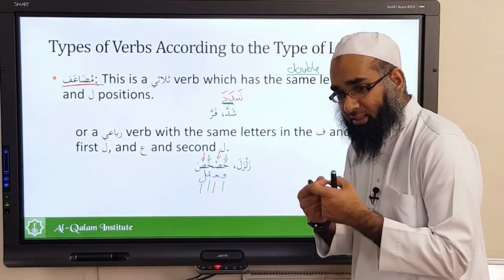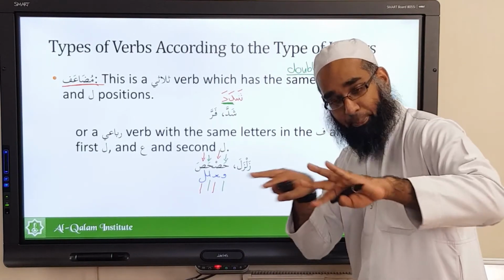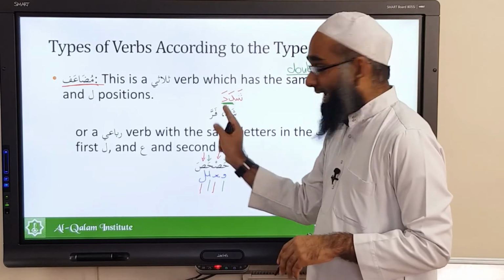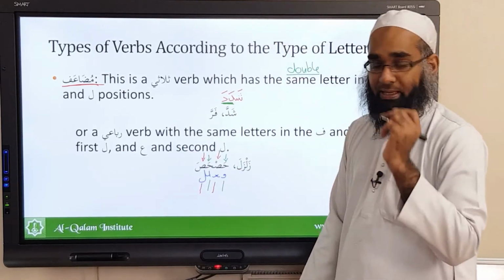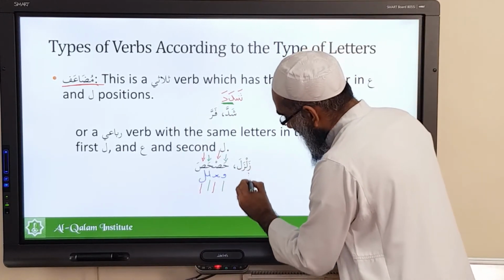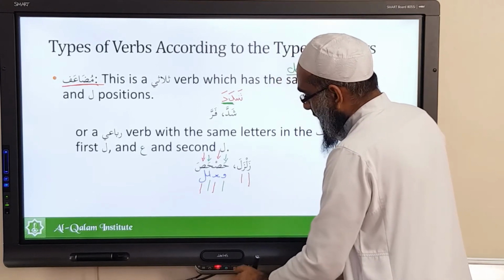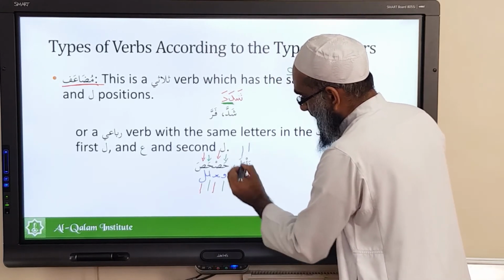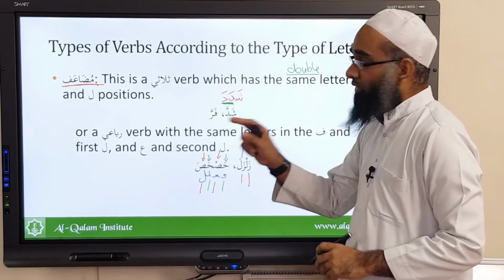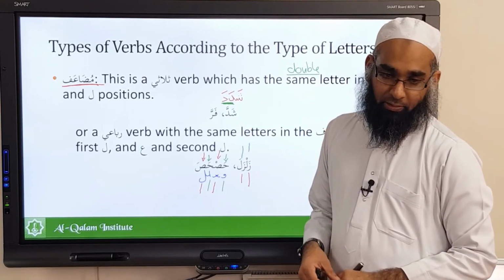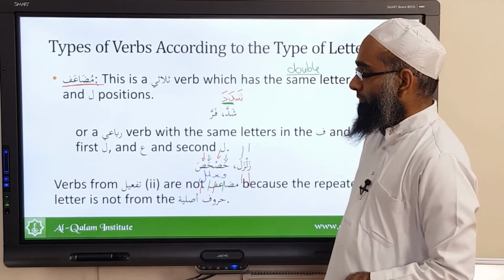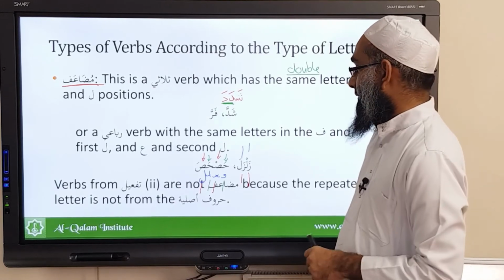So in ruba'i the double letters never come together, but they're repeated as separated. In thulathi they come together, the ain and the lam, and here they're separated, but they still have double letters. So here you have za and za, and then lam and lam. So this is also mudha'af in ruba'i. Got it? Okay.